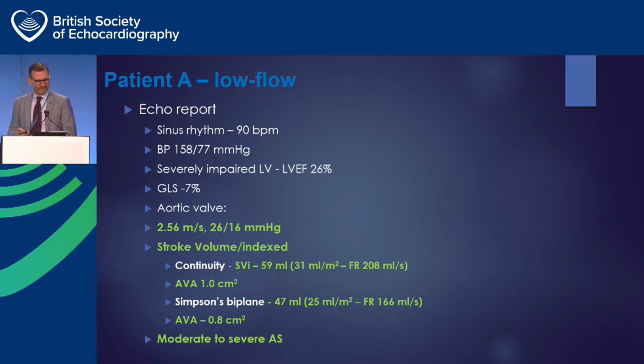We thought it might be overestimated. Stroke volume of 59 with an index of 31 in the setting of severe aortic stenosis we thought was probably overestimated. And at that stroke volume, we calculated the flow rate to be 208 mils per second, which is important. So this suggests that being above 200, the valve is probably opening as much as it possibly could do.